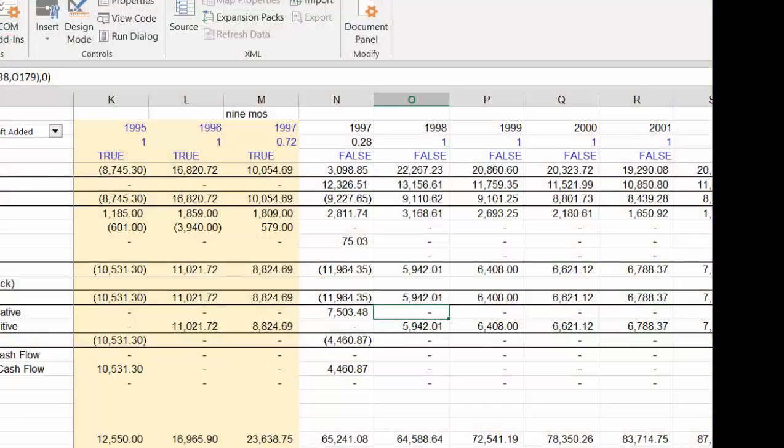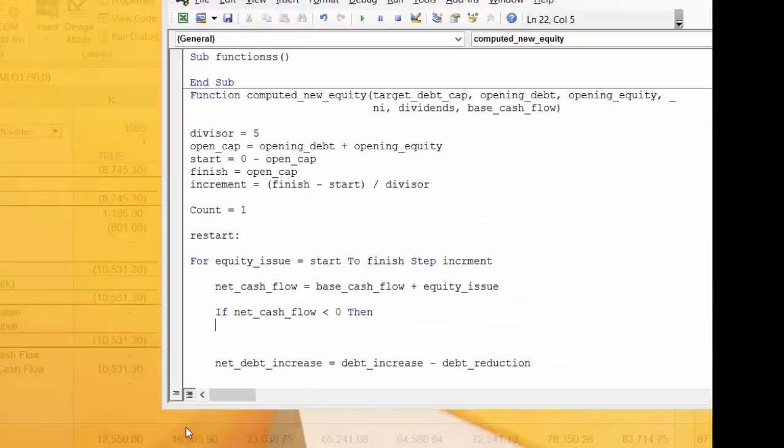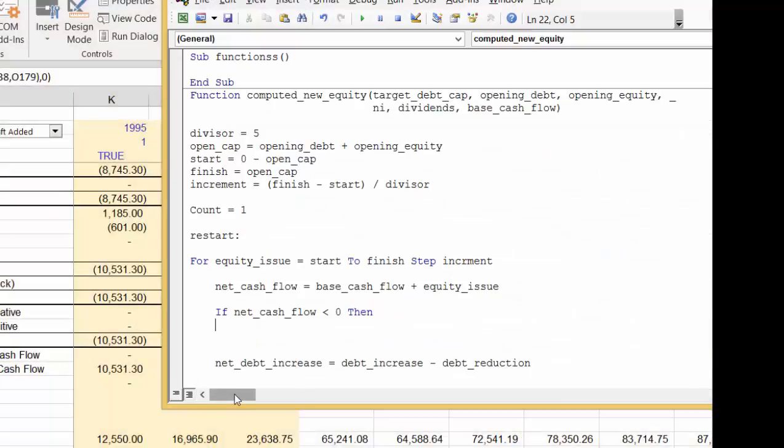If it was negative, okay, I have to repeat this to myself. If it's negative, then debt reduction is equal to 0.